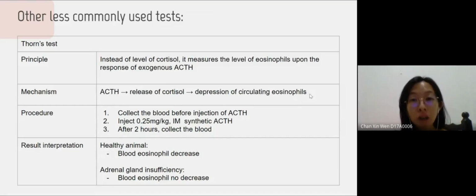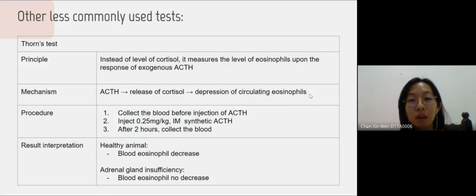One of the functions of cortisol hormone is to depress the circulating eosinophils. So in a healthy animal, when we give the exogenous ACTH, the healthy adrenal gland can produce cortisol, which will then lead to a decrease in blood eosinophil.